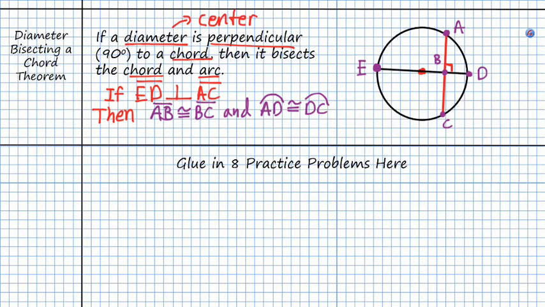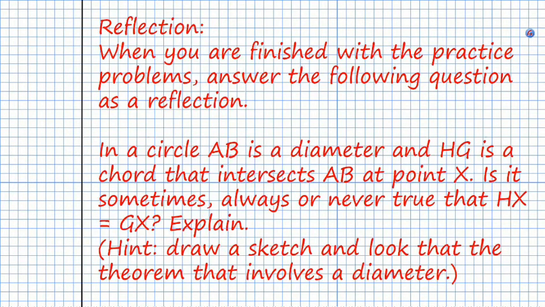So your reflection here is that in a circle, AB is a diameter and HG is a chord that intersects AB at some point X. Is it sometimes, always, or never true that HX is equal to GX? Explain. So just like we were doing earlier when we were trying to prove our theorems, draw a sketch first, right?